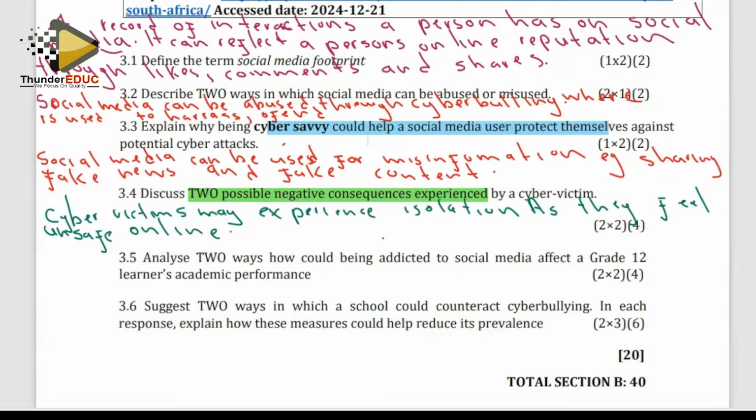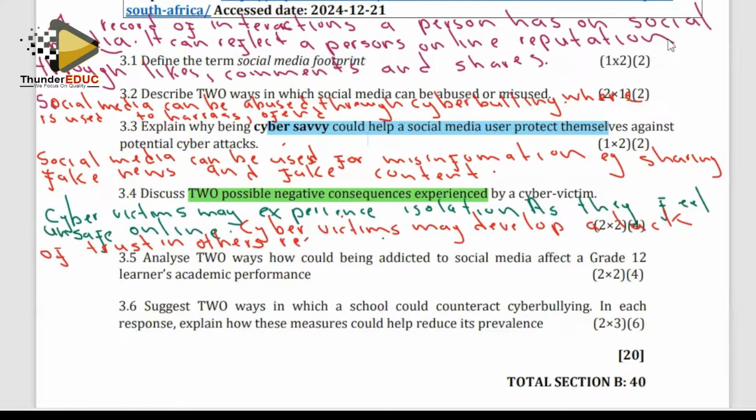Then secondly, we can also say that they may develop a lack of trust in others, resulting in failure to initiate and sustain relationships.